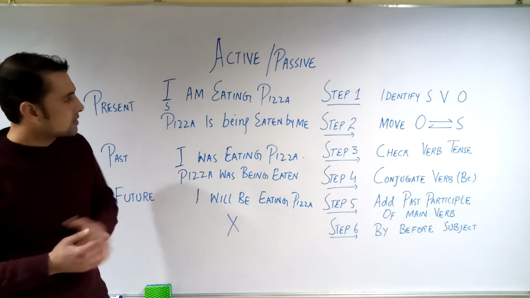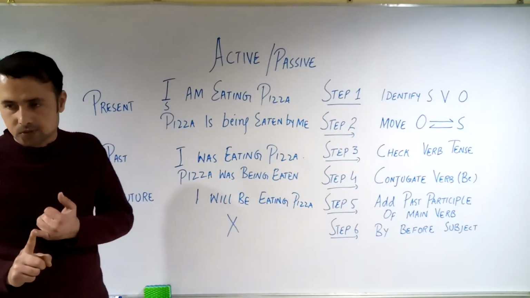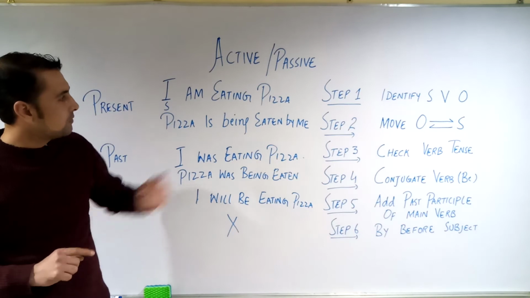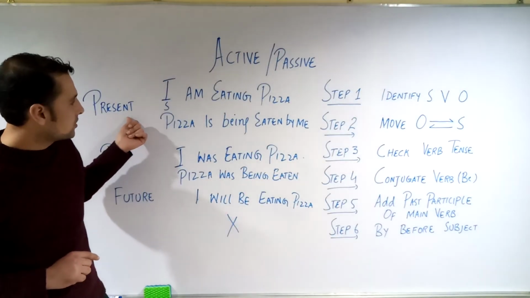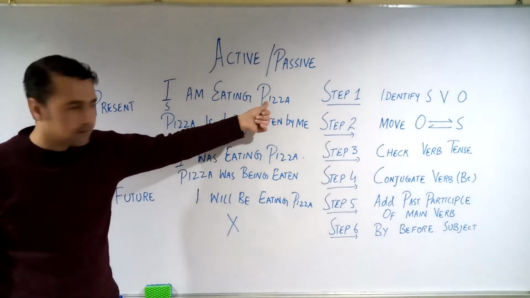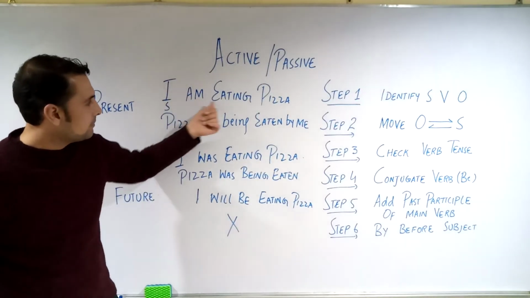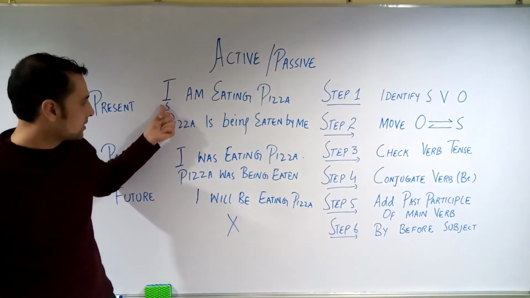If we look towards continuous tense, keep in mind whenever we talk about continuous, there is always first form plus ing. If you look towards present continuous, I am eating pizza. Pizza is the object, I is the subject.